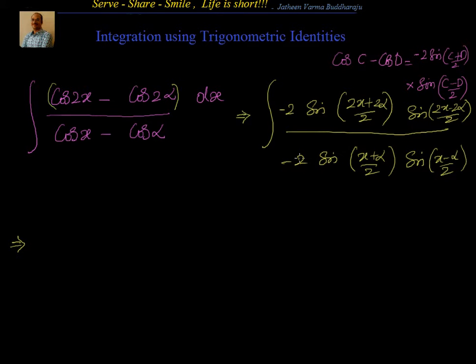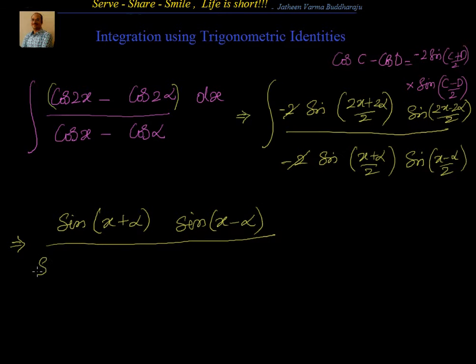We'll go to the next step where minus 2 will cancel. We can simplify this and write it as sine of x plus alpha multiplied by sine of x minus alpha, divided by sine of x plus alpha by 2 and sine of x minus alpha by 2.